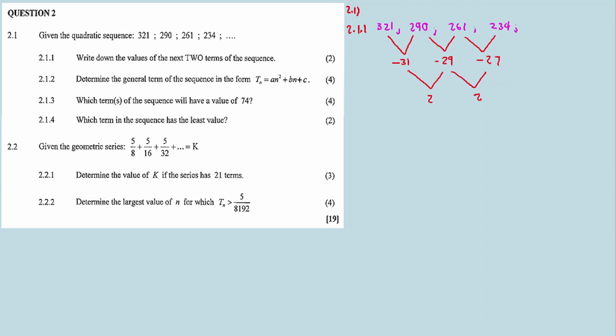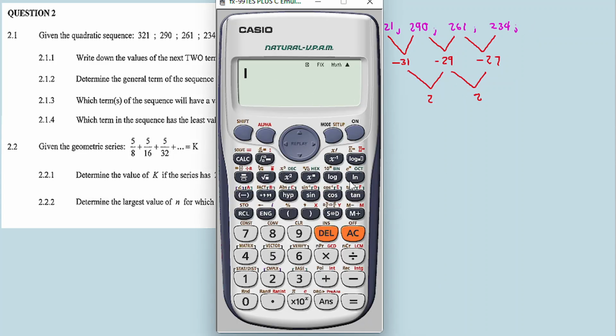Now, in order to find the next two terms, kumele si add this common difference. Asiyenze, asithi 261 plus negative 29 plus 2.